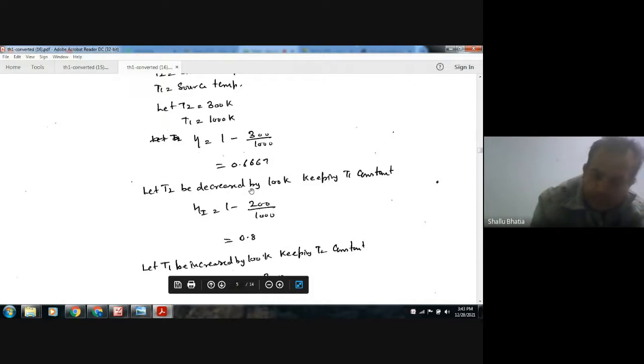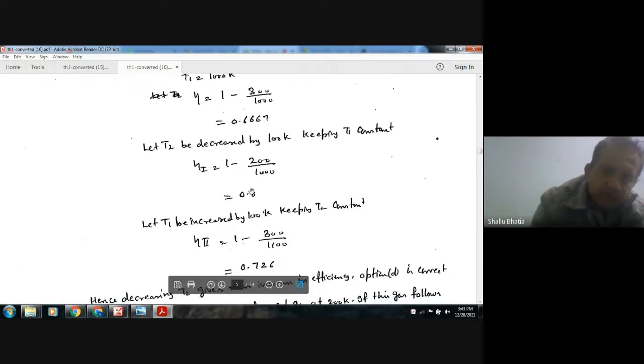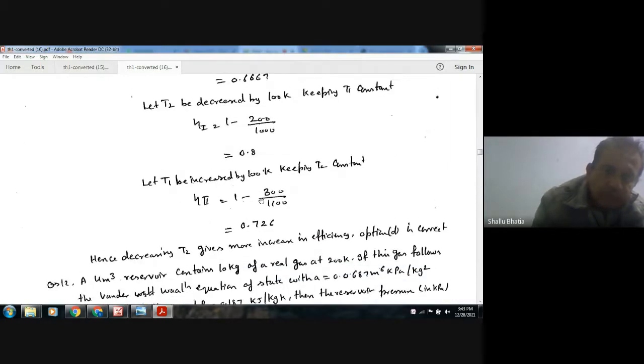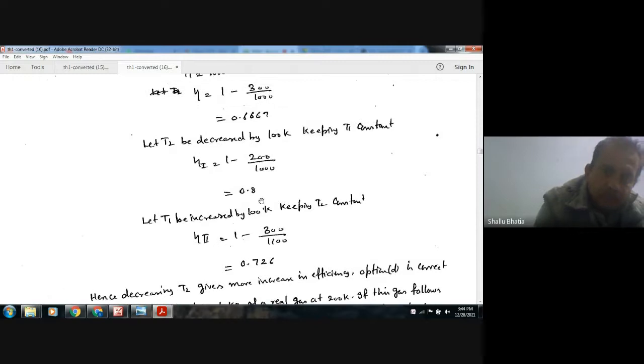Now if T2 is kept constant and T1 is increased by 100, then the efficiency will be 0.726, which is less than 0.8. So decreasing T2 will give more efficiency.